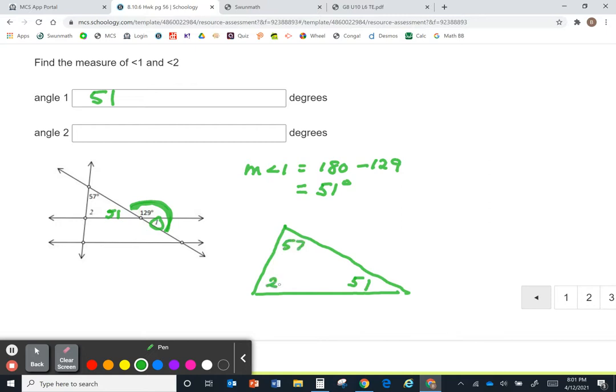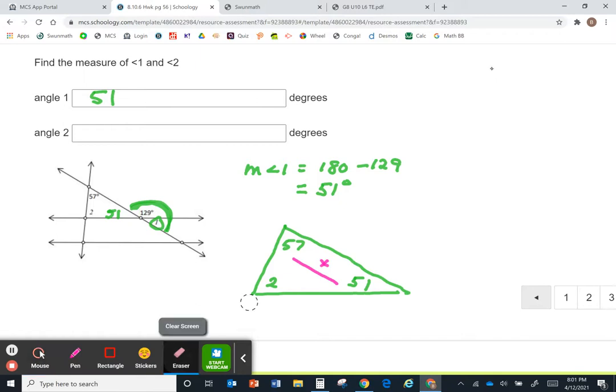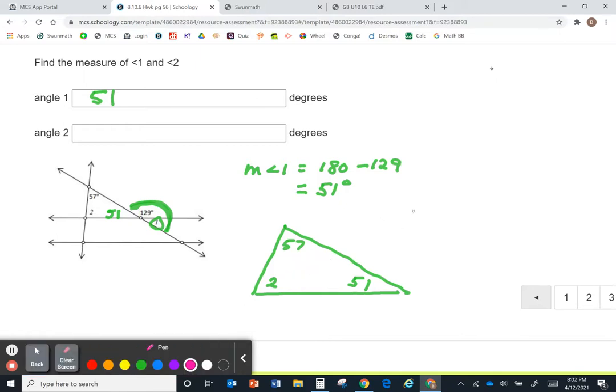This is angle 2, right? So add these two together right here. Oh, that looks like a times mark, doesn't it? Okay, so you add them up. So the measure of angle 2 is going to be 180 minus 57 minus 51.